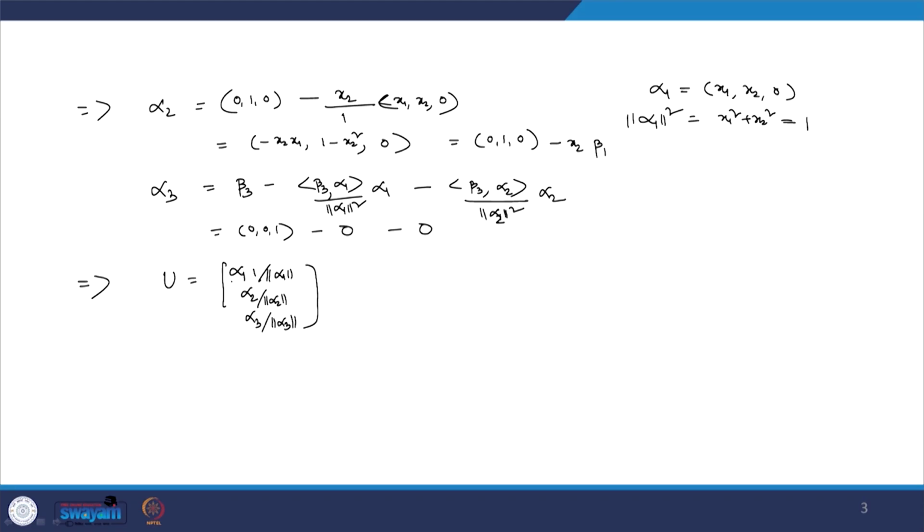We know that the unitary matrix U is made of the orthonormal vectors alpha 1 by norm of alpha 1, alpha 2 by norm of alpha 2, alpha 3 by norm of alpha 3. So, this equals M into capital A. So, what is our capital M?